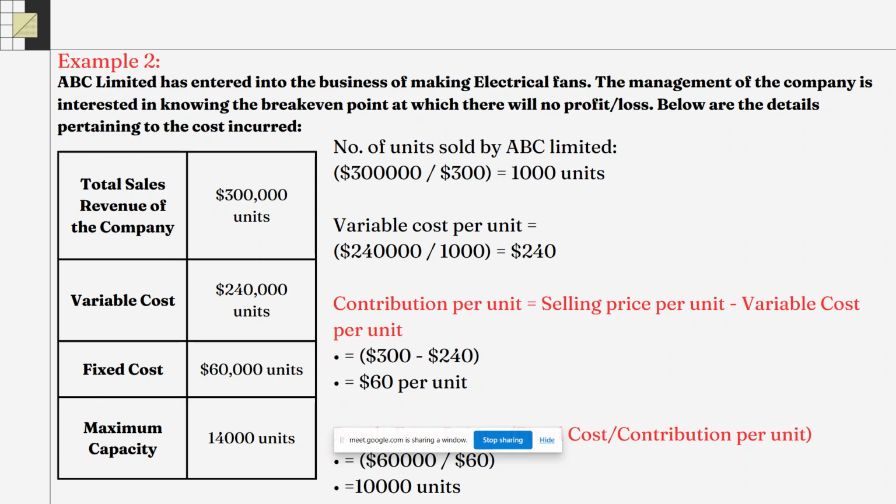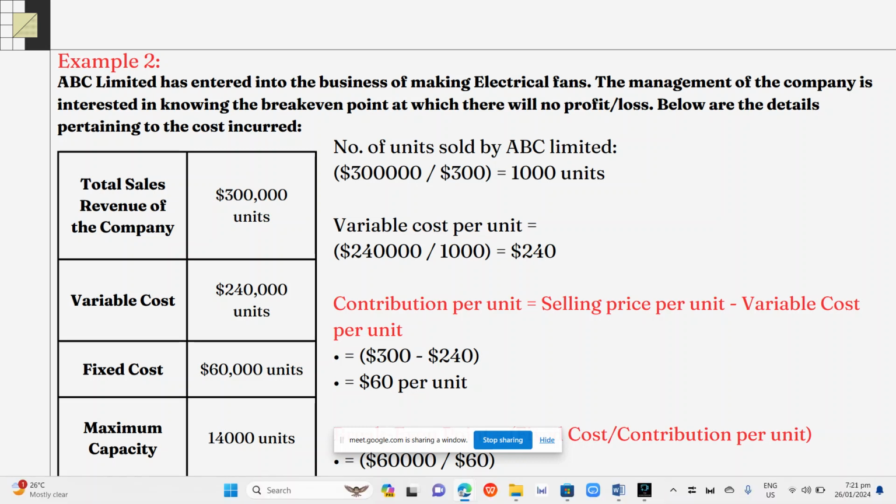So, yun na yung units na naibenta niya. And then, variable cost per unit, kukunin naman natin yung variable cost divide the number of units sold. So, since nakuha na natin yung number of units sold na 1,000, i-divide natin siya sa variable cost, which is 240,000 divide 1,000 is equal to 240. So, mayroon na tayong variable cost per unit.